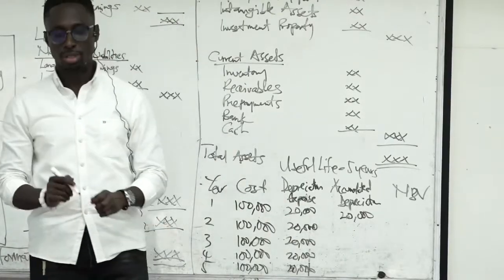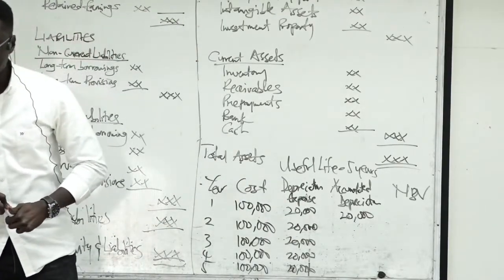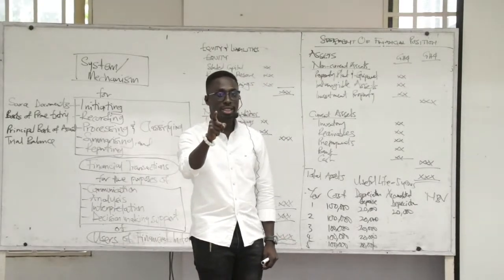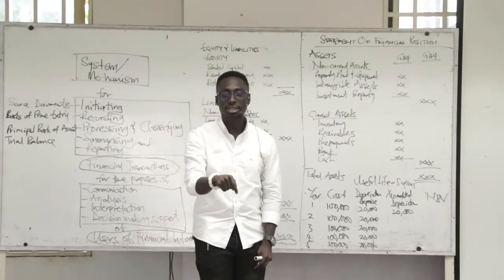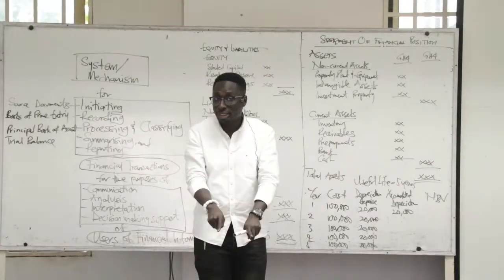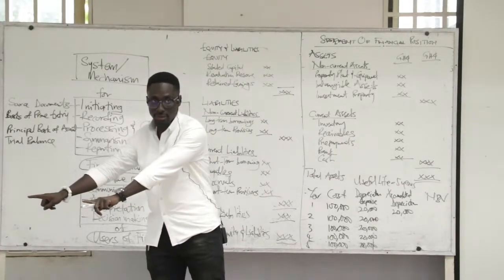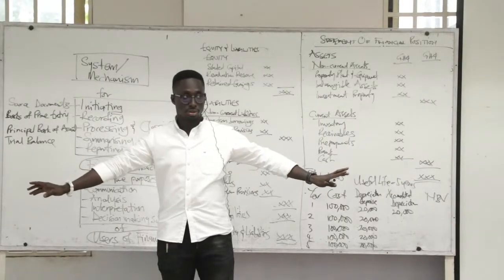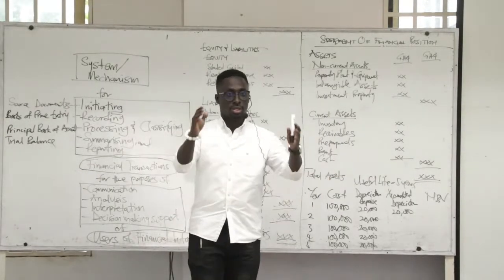So this is the formula. Accumulated depreciation is the previous year's accumulated depreciation plus the current year depreciation expense. So, I say it again.